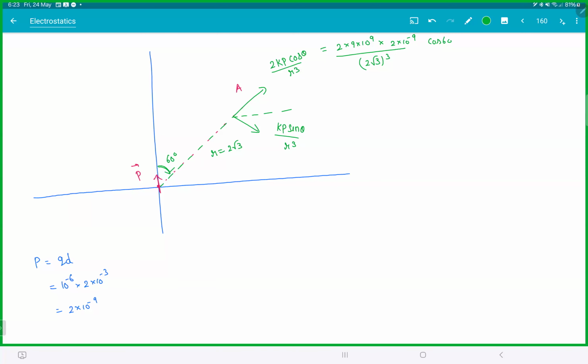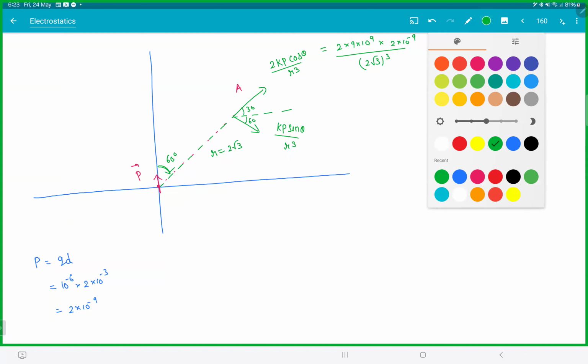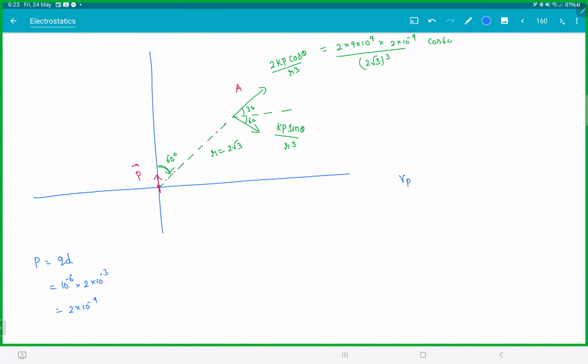So this angle would be again how much? 60, 30. So this would be 30 and this would be 60. There, you can take I cap, J cap. It's a little lengthy, but you'll get the answer. And potential is simply kp cos theta by r square. Check. Clear? So be careful with the theta especially.